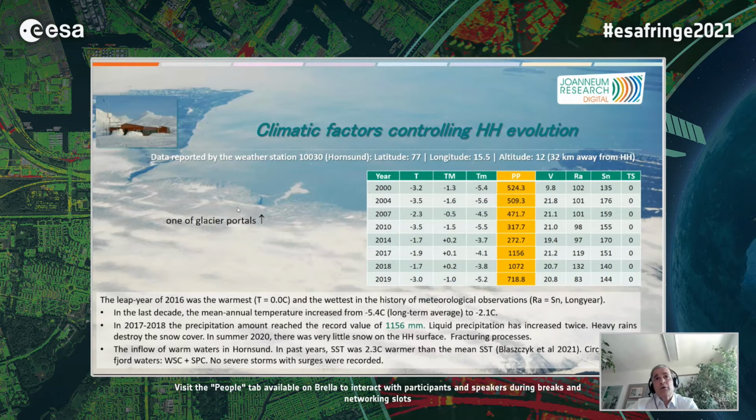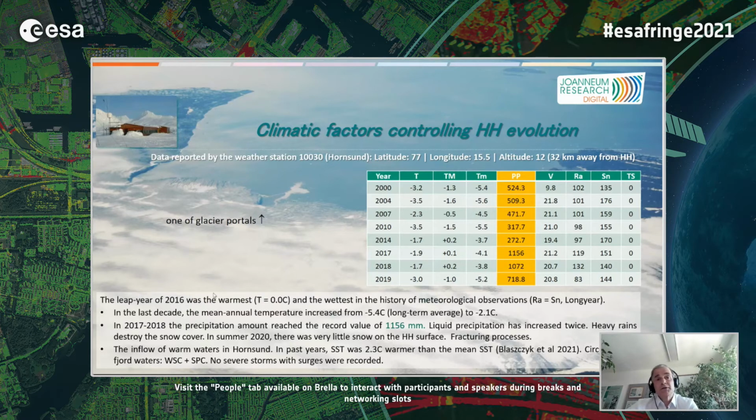The Hornsund climate, recorded at the Polish weather station 30 kilometers westwards from the HH ice bridge, became much milder and wetter. In the last decade, the mean annual temperature increased from -5 to -2 degrees Celsius, while the amount of liquid precipitation has increased twice.